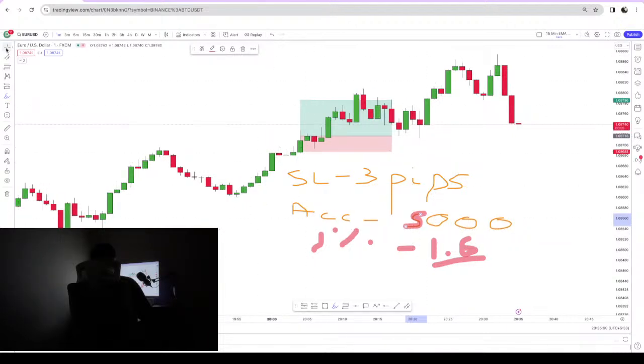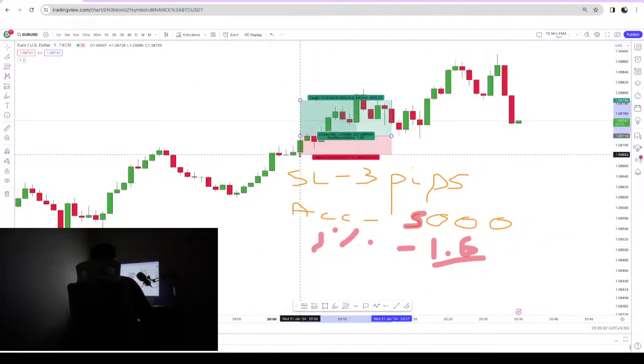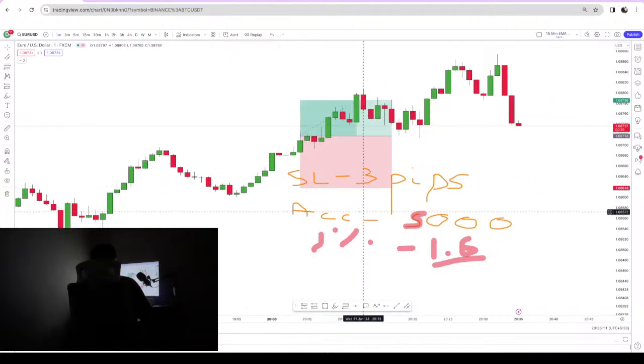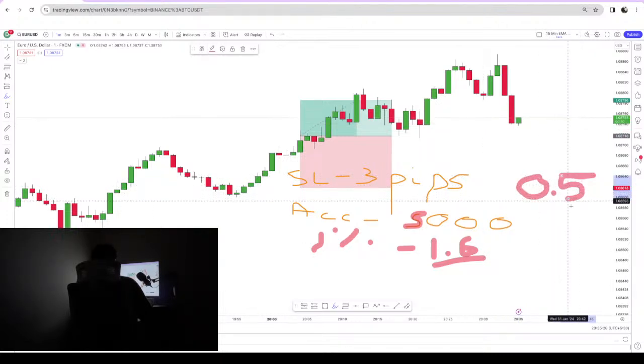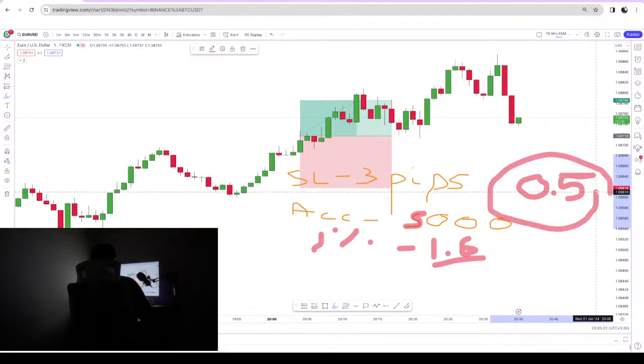And in the same situation, if your stop loss is 10 pips and you still want to risk 1% of your account, now what will be the lot size? 0.5. So what is the conclusion? It depends on your stop loss, not on the lot size. I hope it is clear.